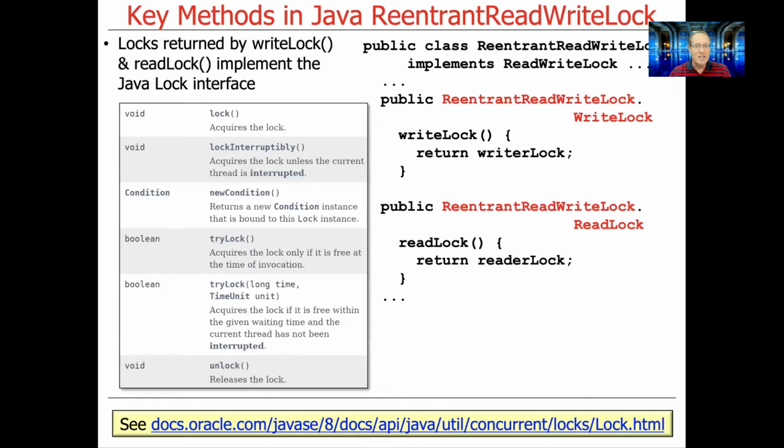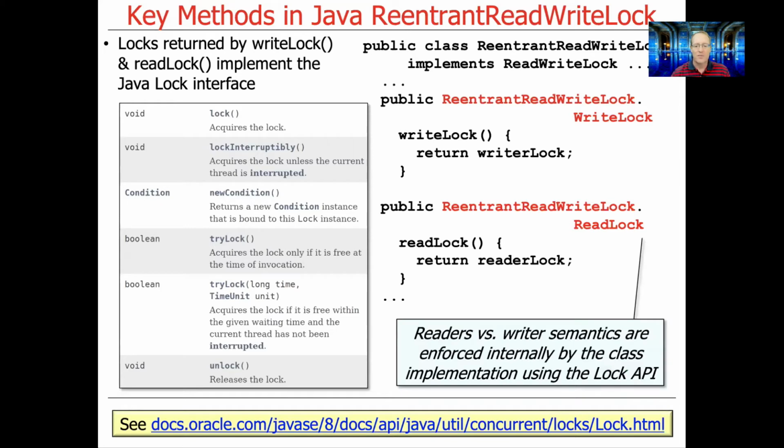Now, the locks that are actually returned by WriteLock and ReadLock implement that very simple Java Lock interface that we've already seen before when we talked about Java ReentrantLock. So it's got methods like lockInterruptibly, tryLock, both timed and non-timed. It's got unlock, it's got newCondition, and so on and so forth.